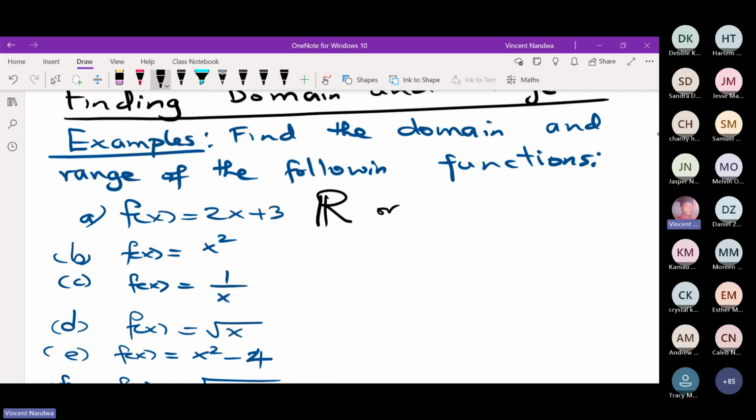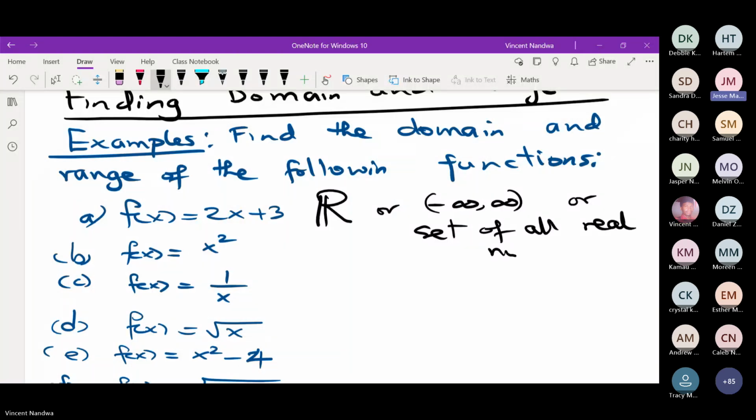You need not write all these different things. If you use the notation, or the interval notation, or put it in words, it is still okay.